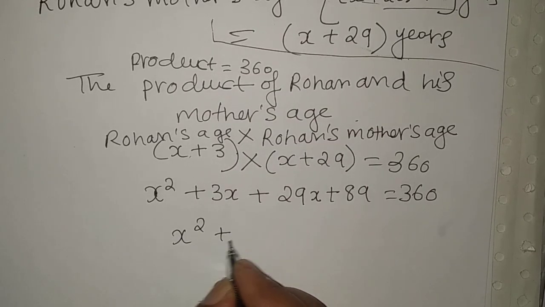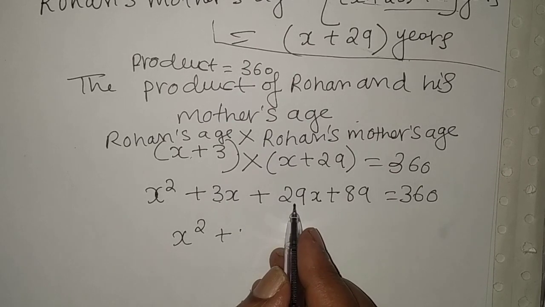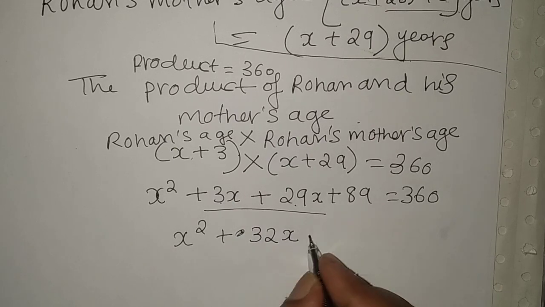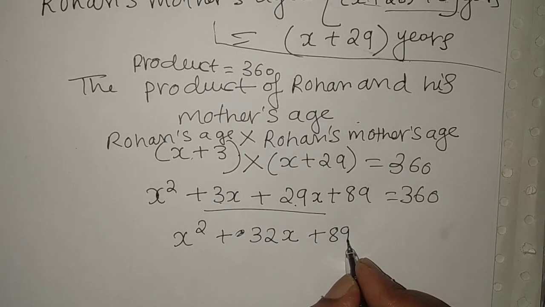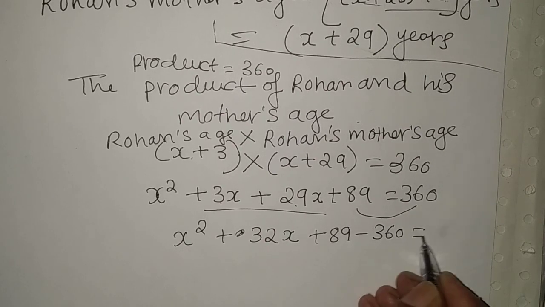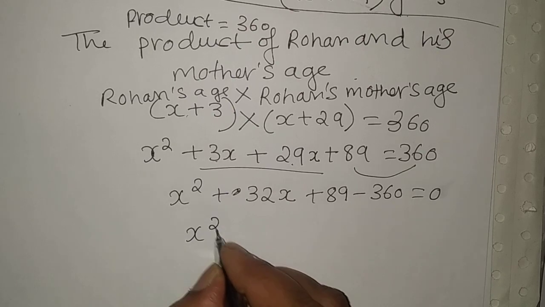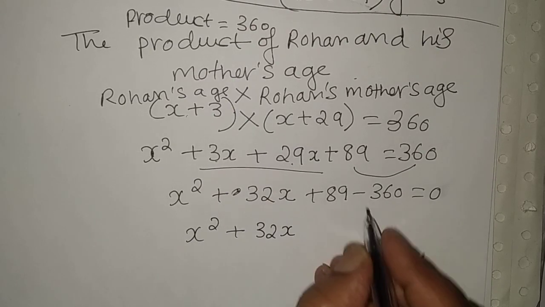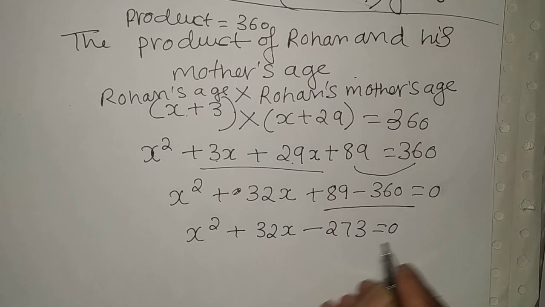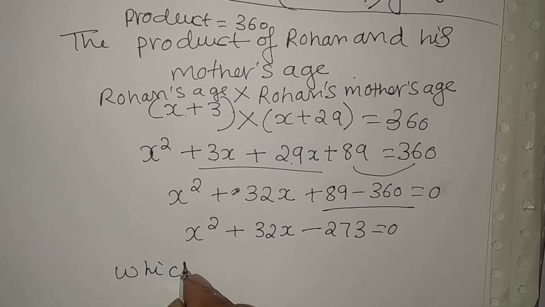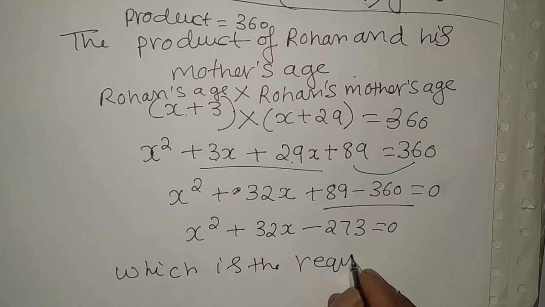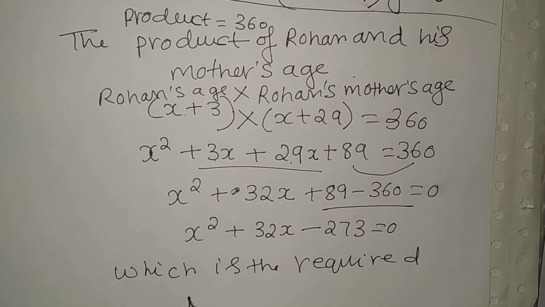Finally, x square plus, adding these two, we get 32x plus 87 minus 360 is equal to 0. Now x square plus 32x, subtracting these two, we get minus 273, which is the required quadratic equation.